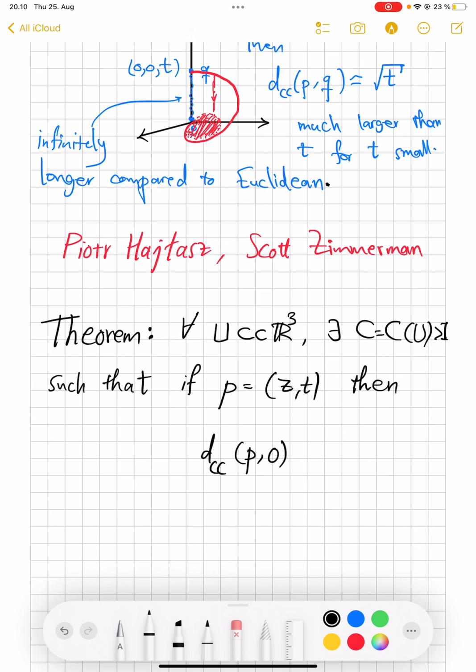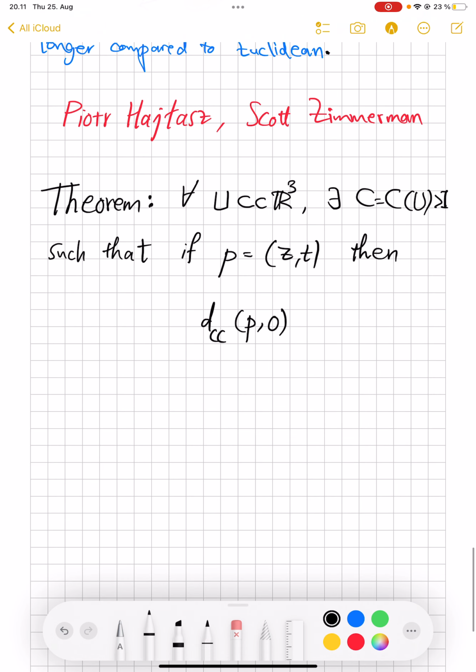And by left translation, to know the distance d_CC between any P and Q, it is enough to actually know the distances to the origin only. That's not a surprising claim, but we saw how much went into defining d_CC. So explicitly calculating distances in this metric is almost impossible.